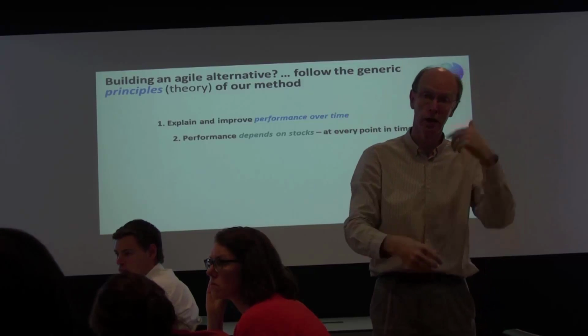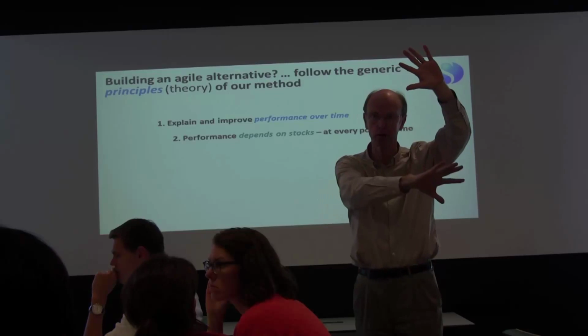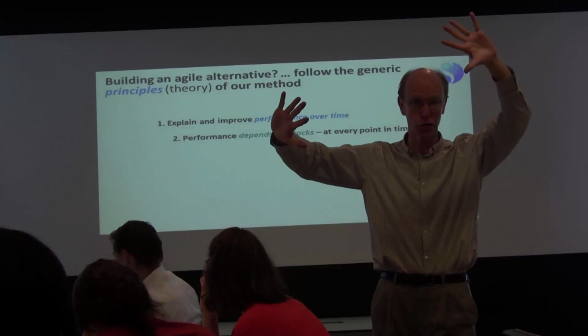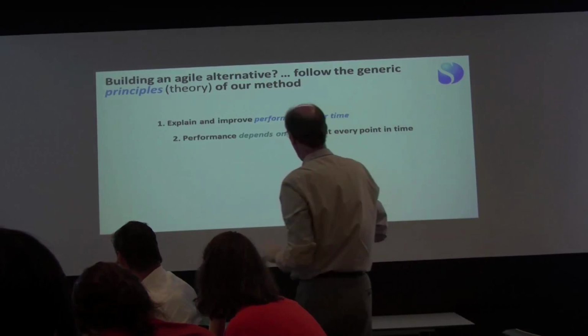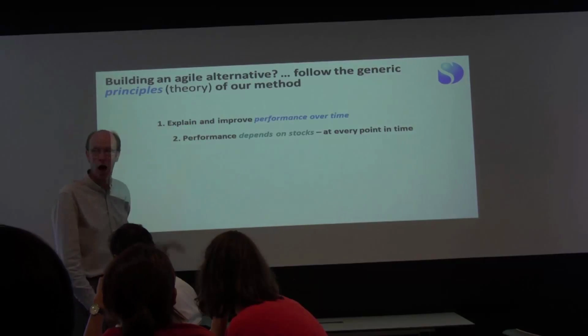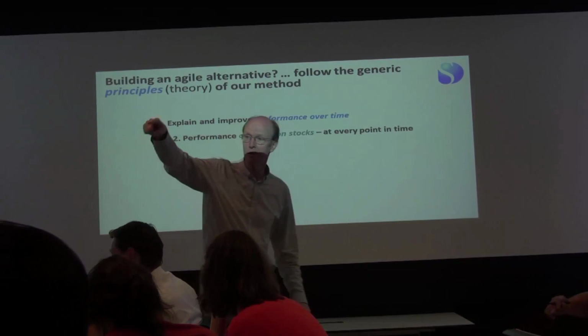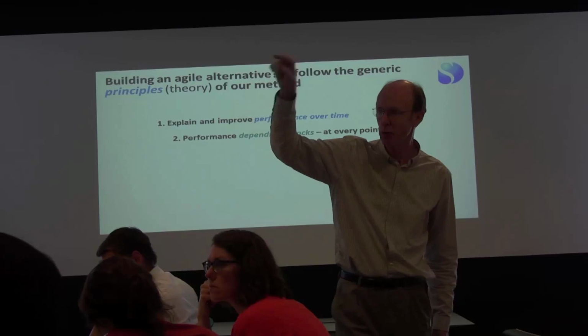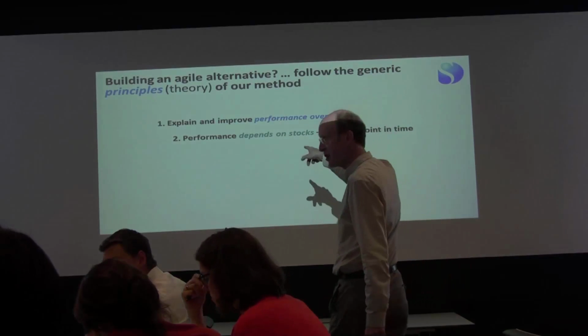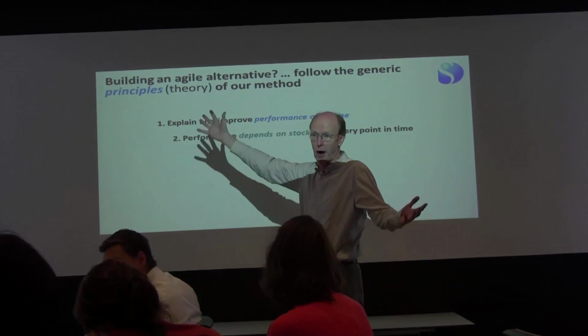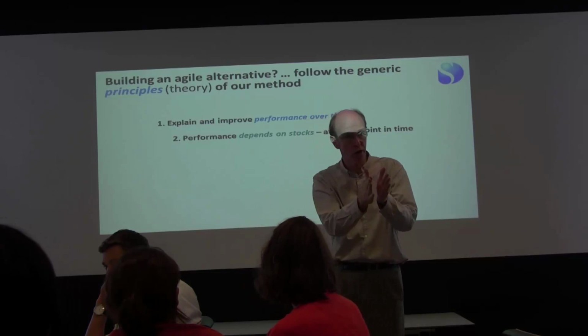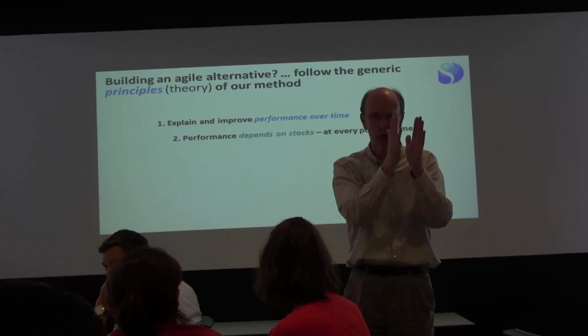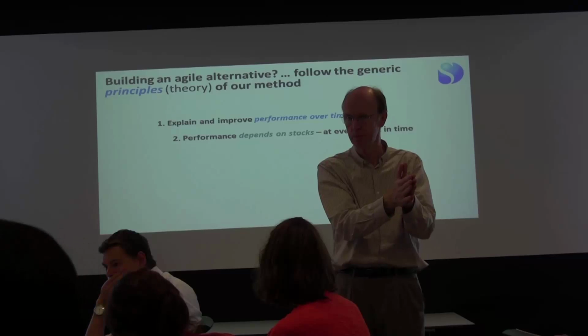Those are stocks. Students are a stock, faculty is a stock, lecture theatres is a stock, right? So that's what those are. In your case, you've chosen an indicator, students, which is itself a stock, right? So at any point in time, stocks determine performance.